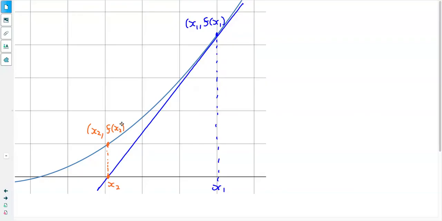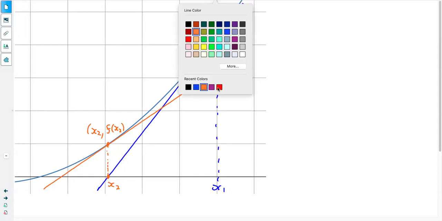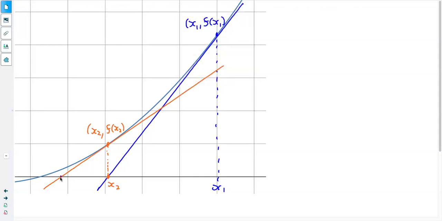What we do then is repeat the process of drawing another tangent line. We can see that we have another tangent line, and this one's x-intercept is even closer to our original x-intercept. This point here we'll call x3.